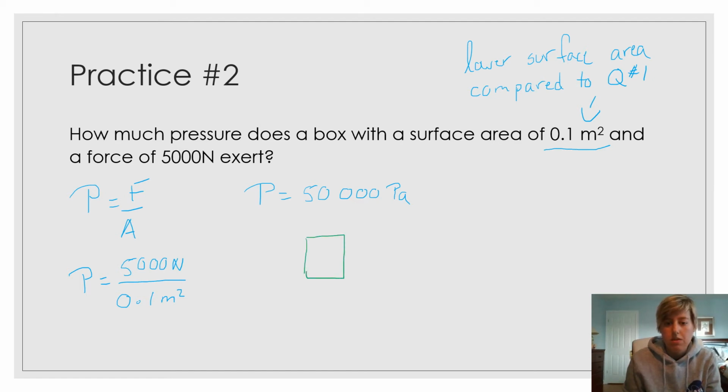which actually makes sense, because if we're looking at our two scenarios, we have the same amount of force. This is the surface area from question number 1, 0.25 meters squared. This is the surface area from question number 2, 0.1 meters squared. Well, if my surface area is now smaller, that means I have a smaller, more concentrated place for my force to be applied.